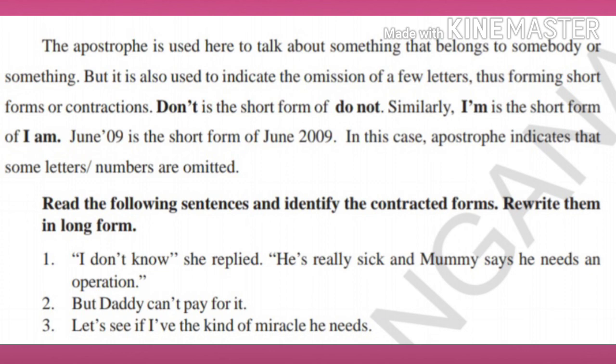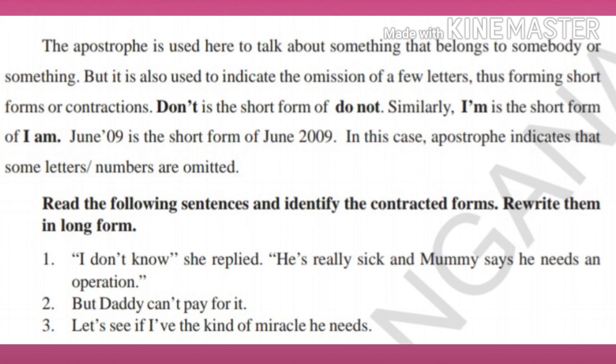Read the following sentences and identify the contracted forms, and rewrite them in long form. First one, "I don't know," she replied. "He's really sick and mommy says he needs an operation." Here, the contracted words are don't, he's. Don't means do not.